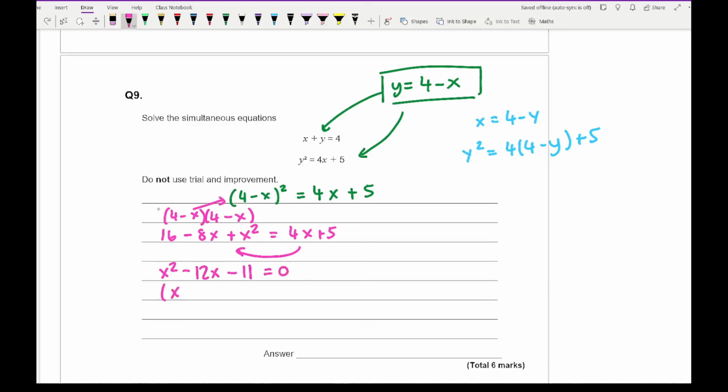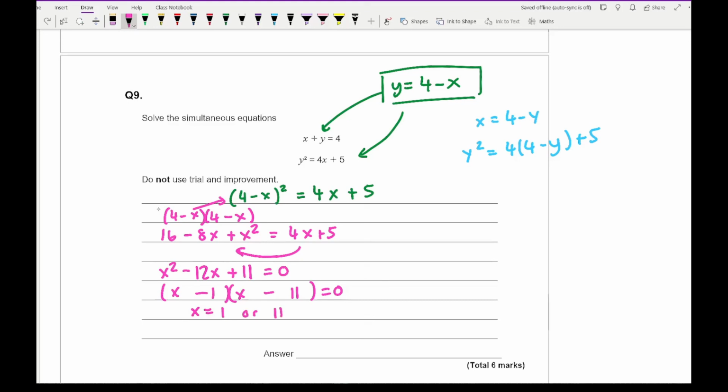So factorizing this, I end up with 11 and 1, and that should be a plus. And so then it's going to be both minus equals 0. So here my x is going to either equal 1 or 11.